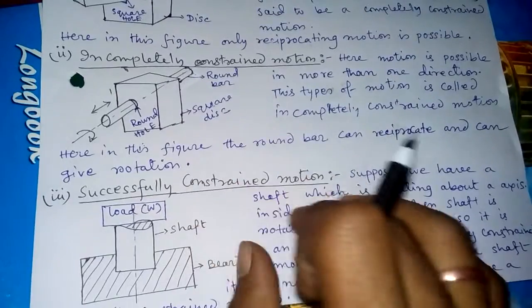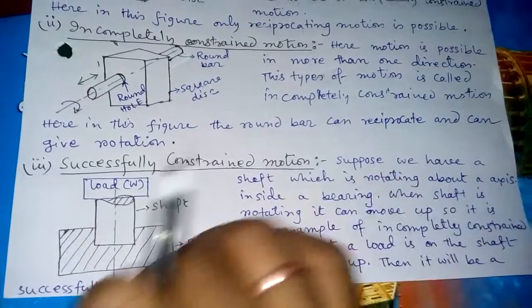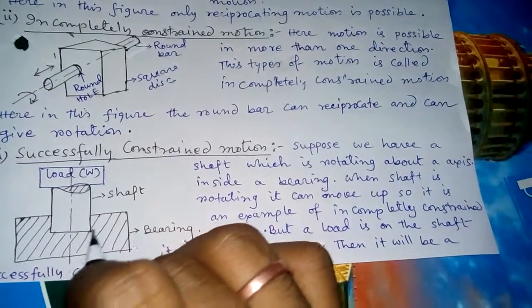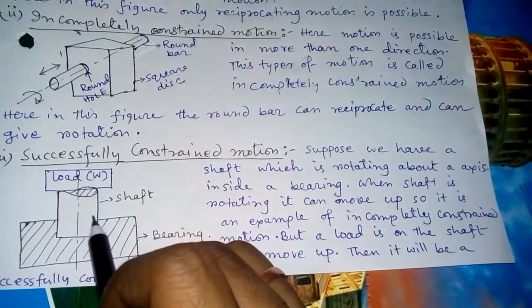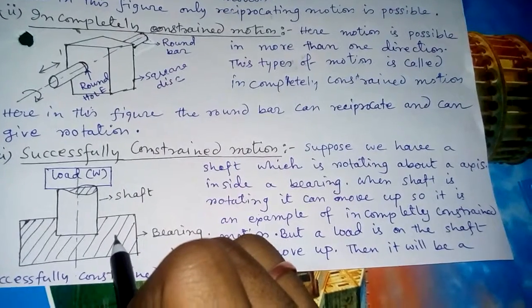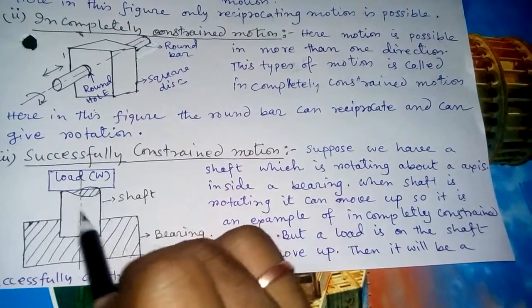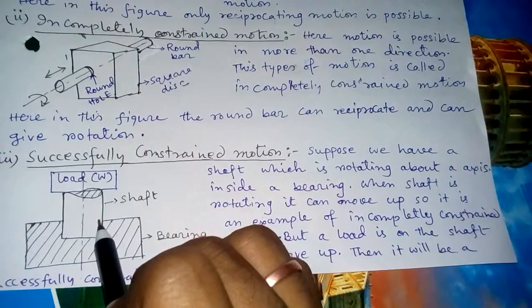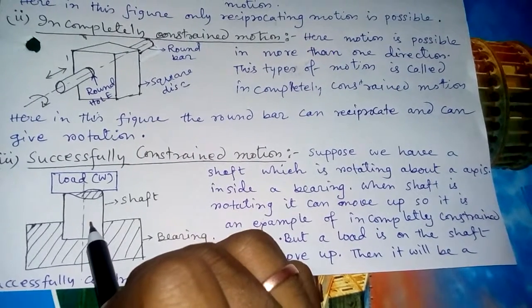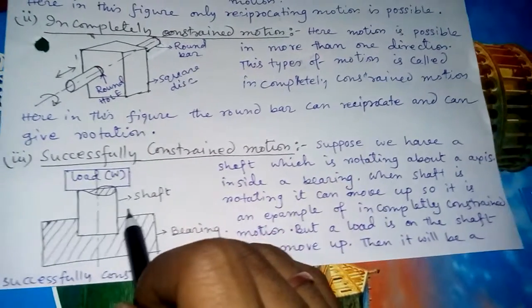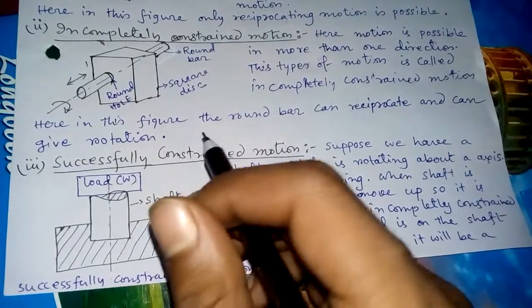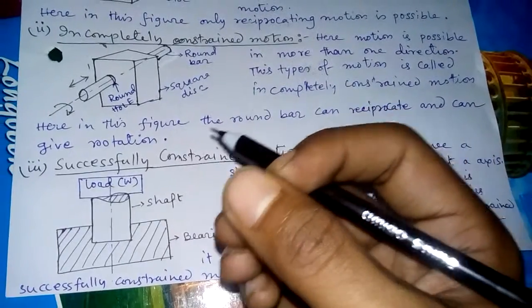Okay. Next is successfully constrained motion. Suppose this is a shaft and this shaft is held by a bearing, and this shaft has a rotational motion. When it rotates, it will tend to move up.